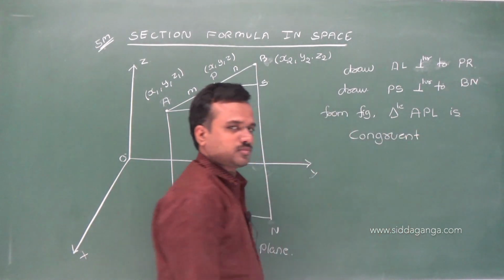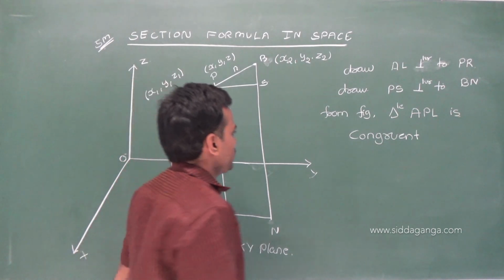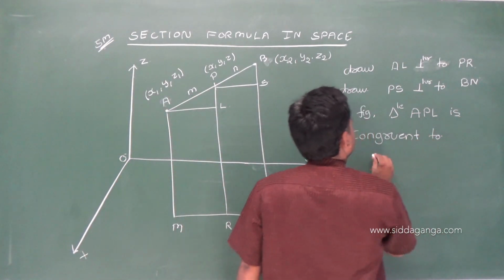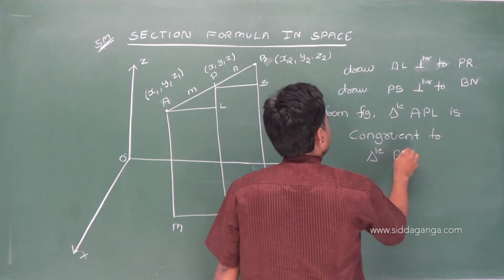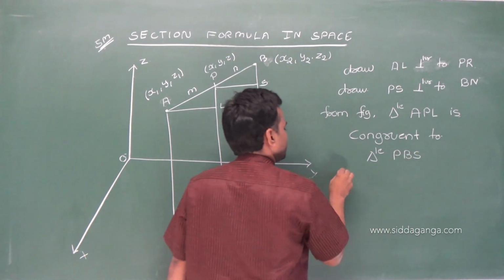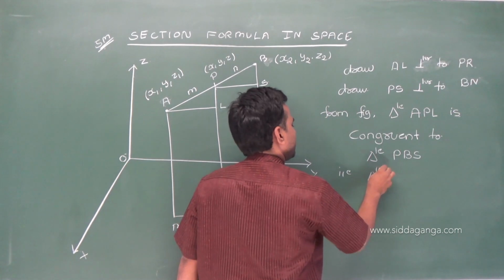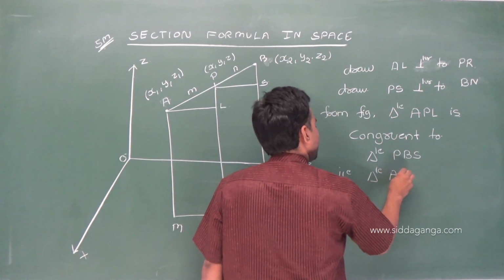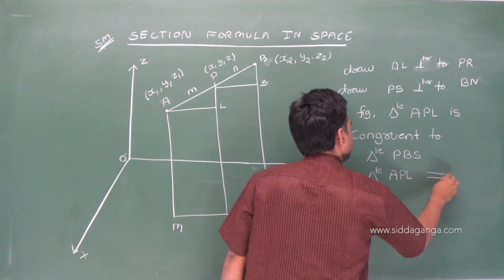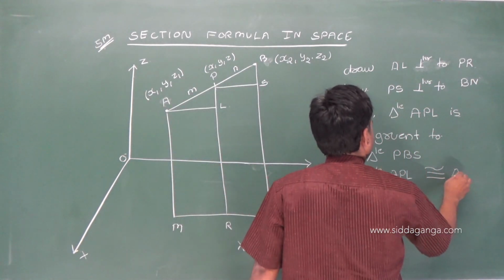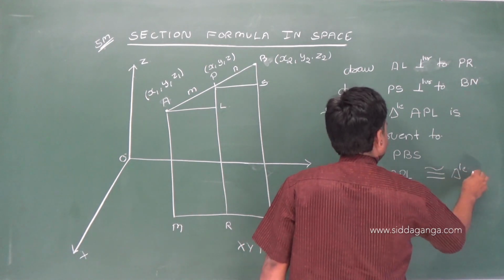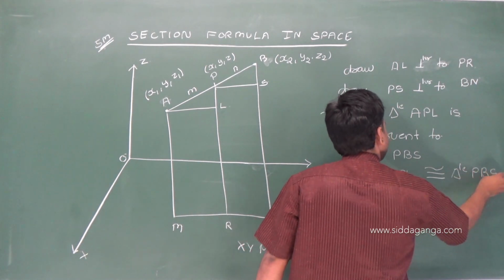That is, triangle APL is congruent to triangle PBS.